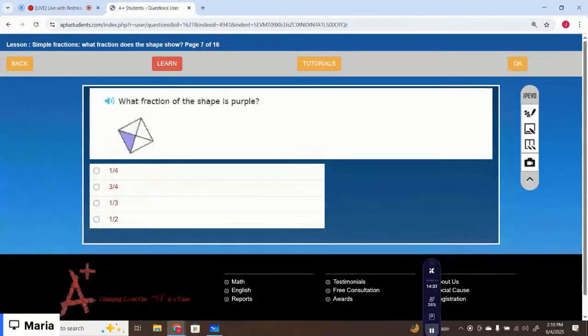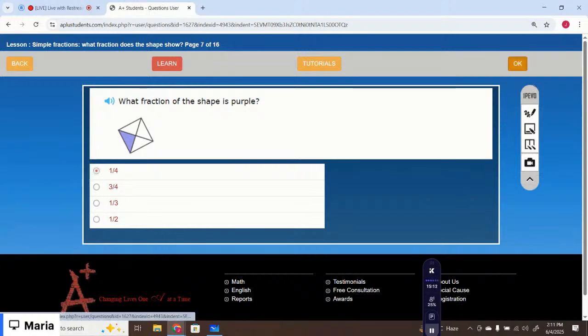What fraction of the shape is purple? That is one out of four.